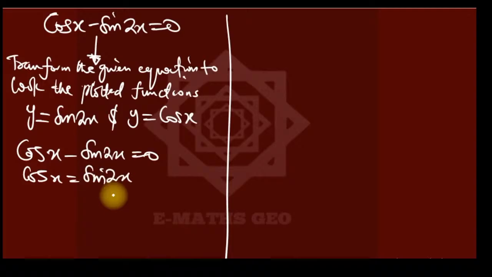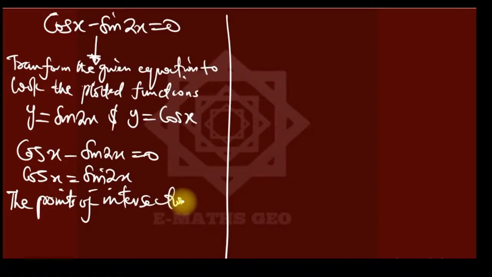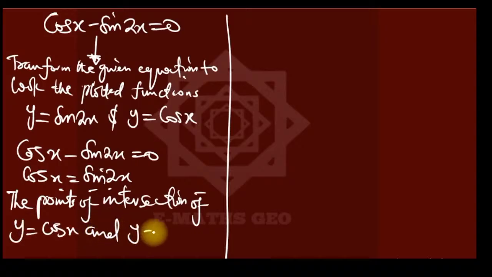And what's the meaning of this? This means the points of intersection of the two graph functions, that is y equal to cos x and y equal to sine 2x.